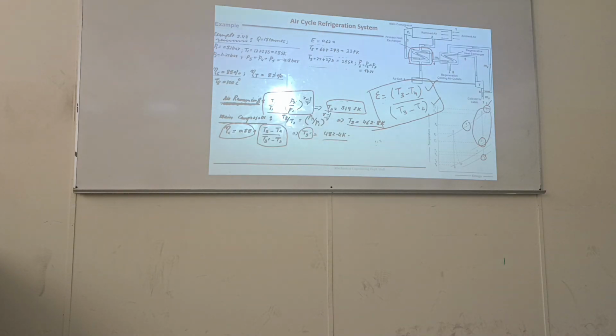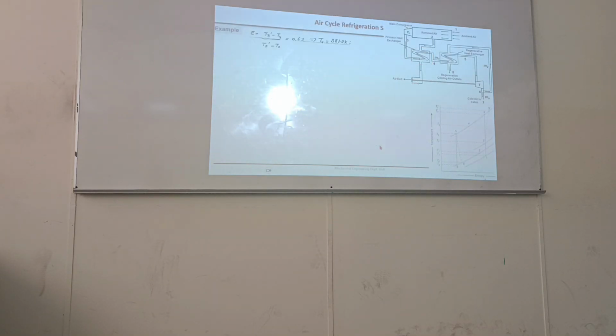So from here we can find out T4. T3 we already calculated, T2 already calculated. So we can find out T4 from effectiveness. Effectiveness is given 0.62. So here is T4. Then T5 was also given, that in this heat exchanger, temperature is reduced to this much. Then from T5 to T6, another isentropic.